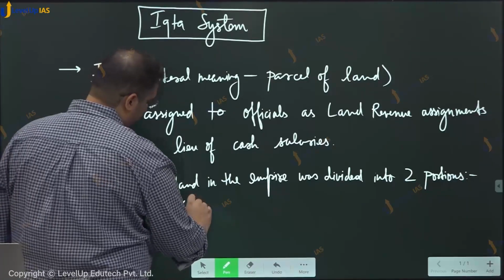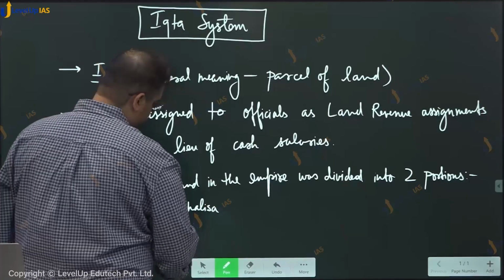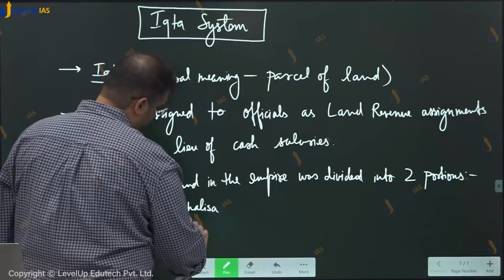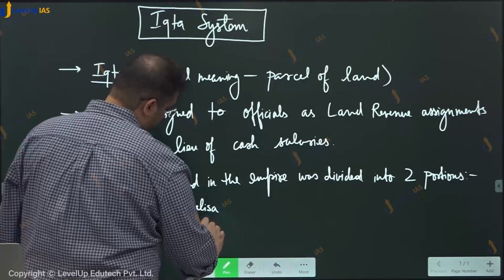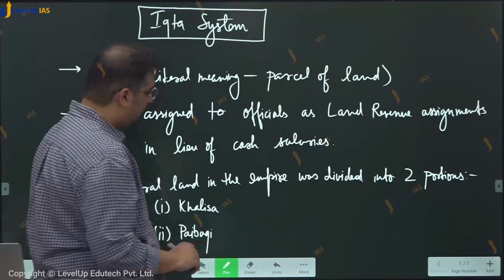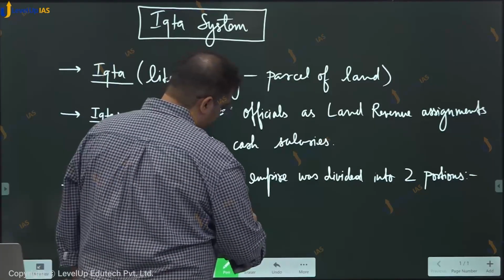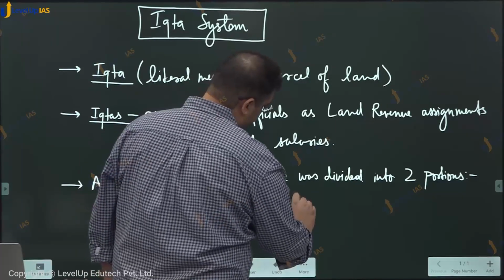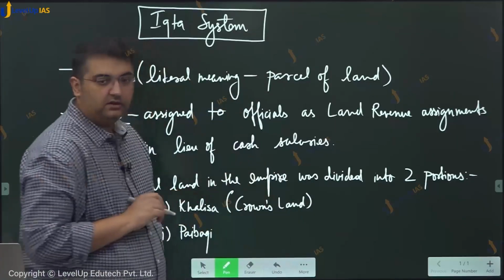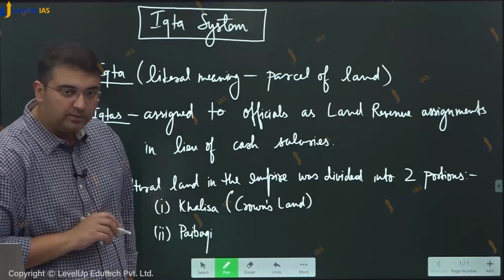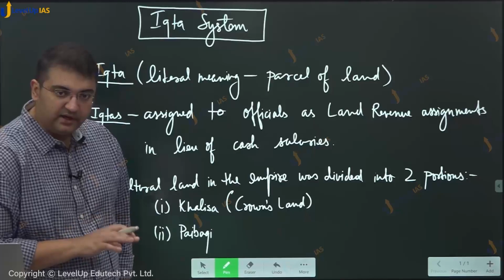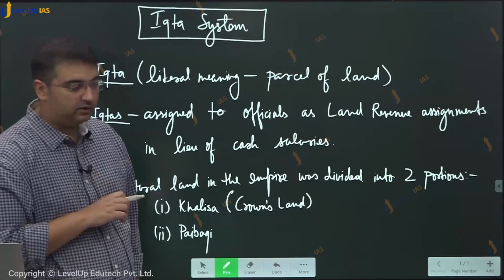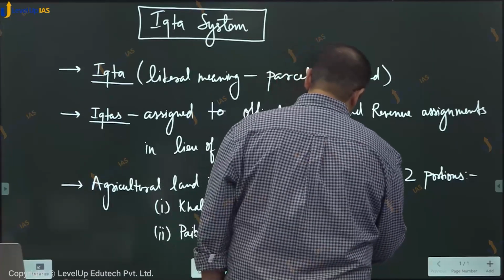The Khalisa land and the Baibaki land. Khalisa land was the crown's land. It did not mean that the land was owned by the crown, rather it meant that the entire revenue was supposed to be appropriated by the crown, not to be divided among the officials.